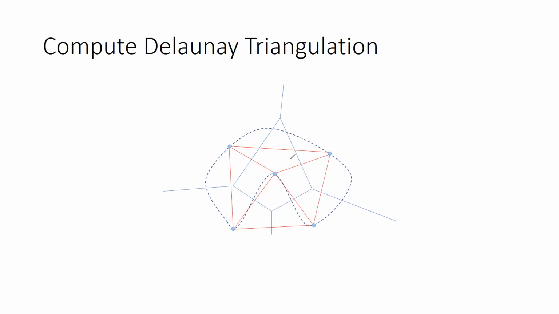However, you can see this edge. This edge is connecting this point and this point. And where is their Voronoi edge? You can go and follow, oh, this is the Voronoi region, and this is the Voronoi region, and their intersecting edge is this one. Does this Voronoi edge intersect the object? The answer is no, because the object is here.